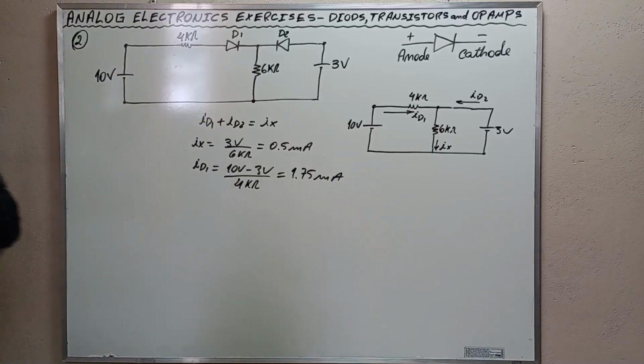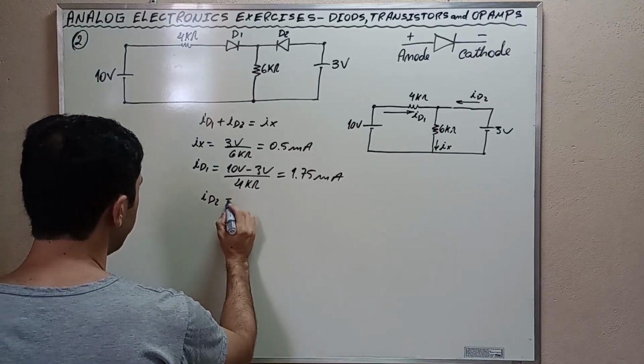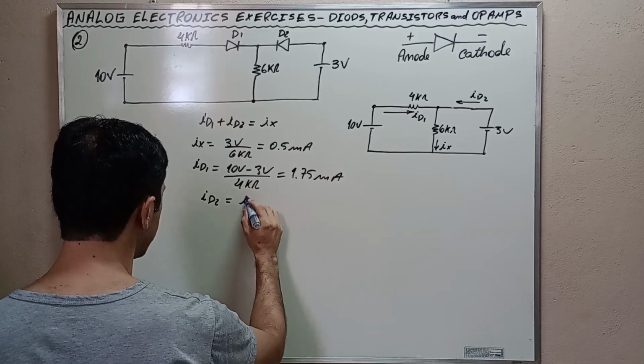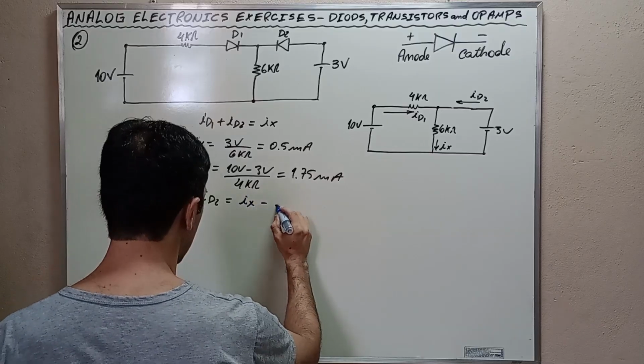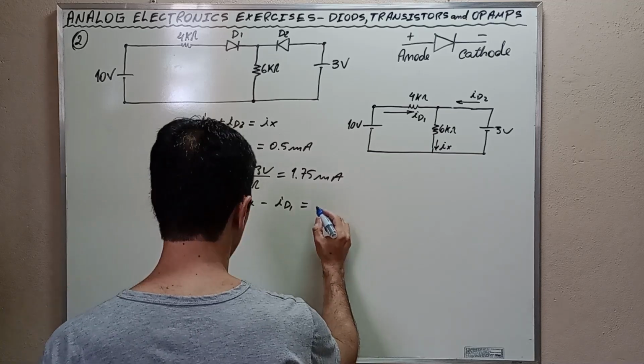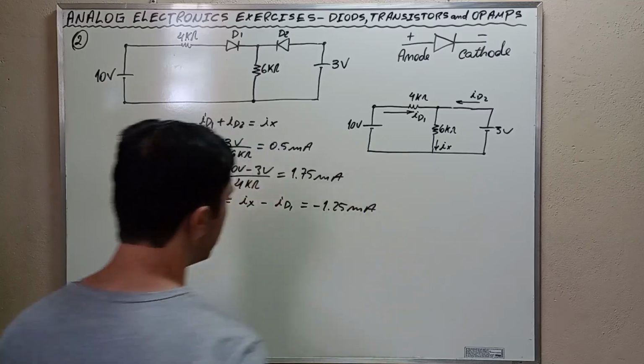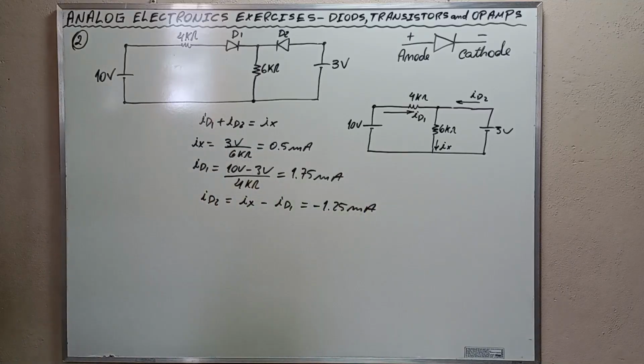Okay, from this expression we obtain that ID2 is equal to IX minus ID1, which is equal to negative 1.25 milliamps. Okay, we have found the currents, and what is the conclusion that we get?